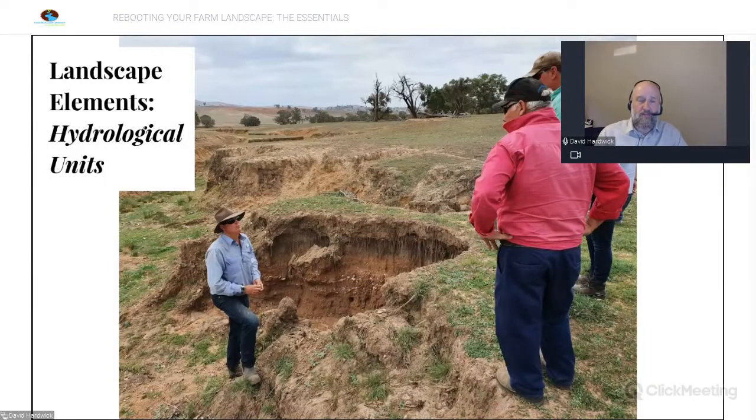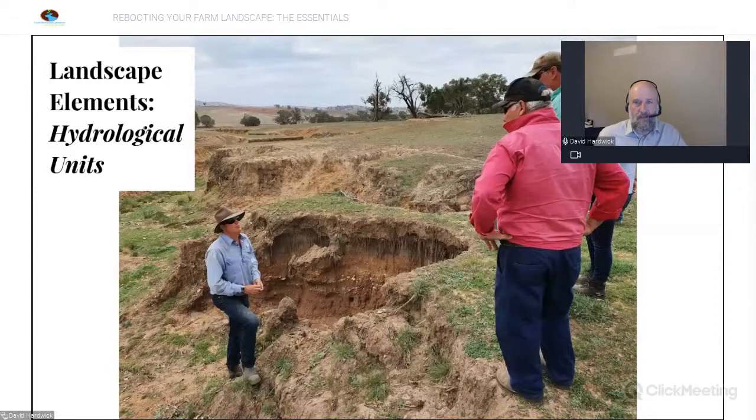So in this case, it's a drainage line, or a gully now, or a streamline, or a creek, or a dam, or a floodplain, or a spring. These are all the watery patches, if you like, on a property. And so we treat them a little bit differently, because often we have very specific management goals for them, especially if we start talking landscape rehydration.